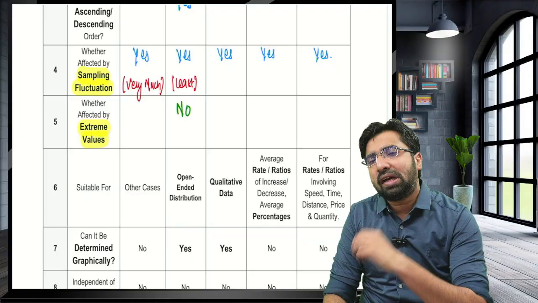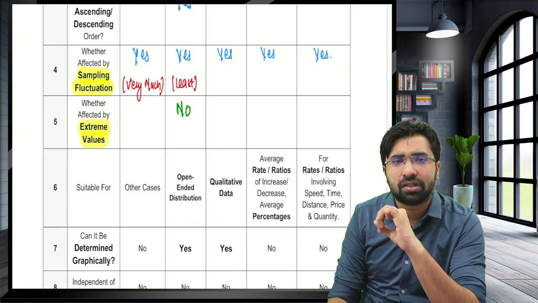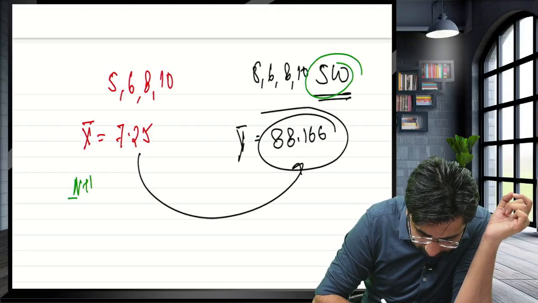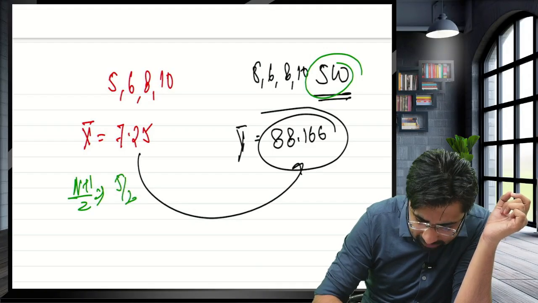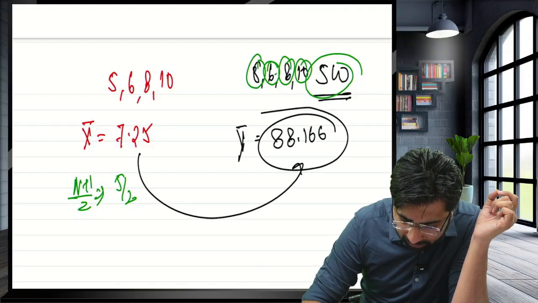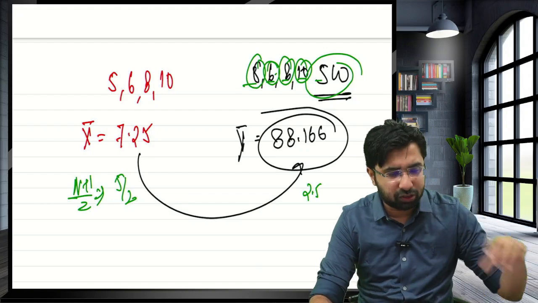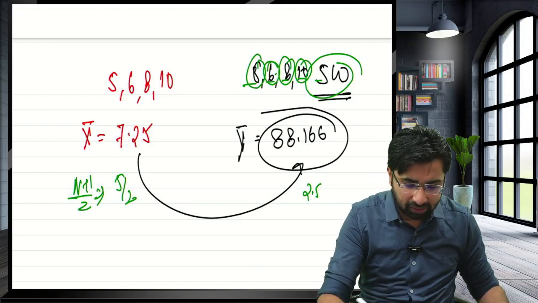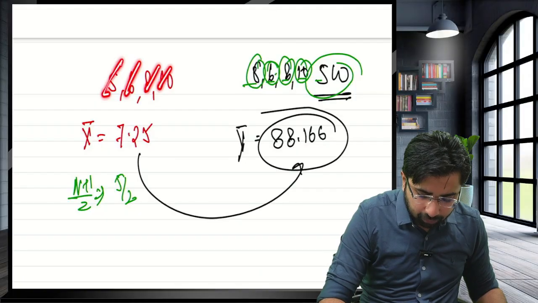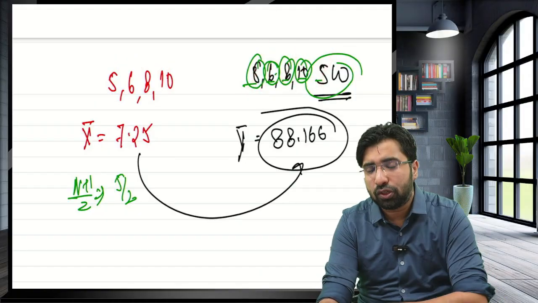Why? See, guys, median is based on the central 50 percent of the observations. Here the count is increased by 1. Here my formula will be n plus 1 by 2, that is 5 by 2, and here 5 plus 1, 6 by 2, guys.